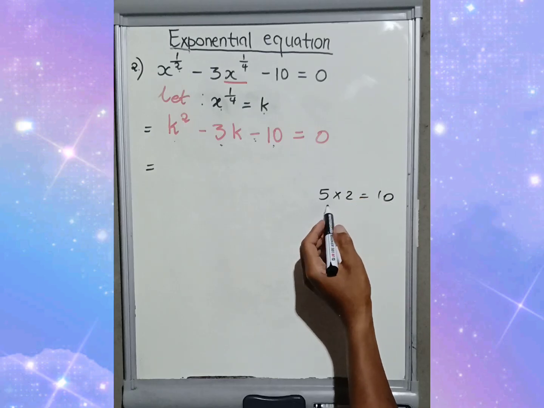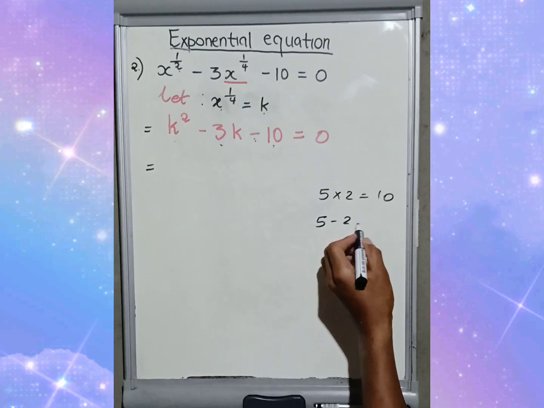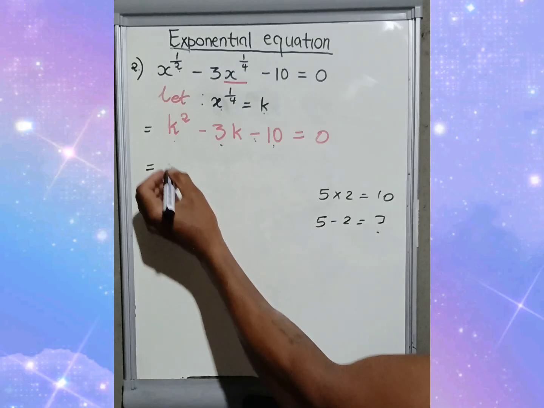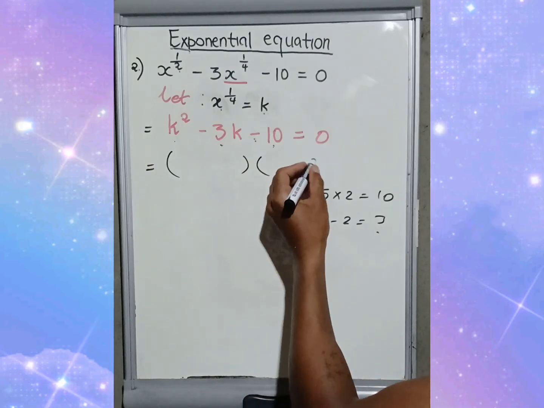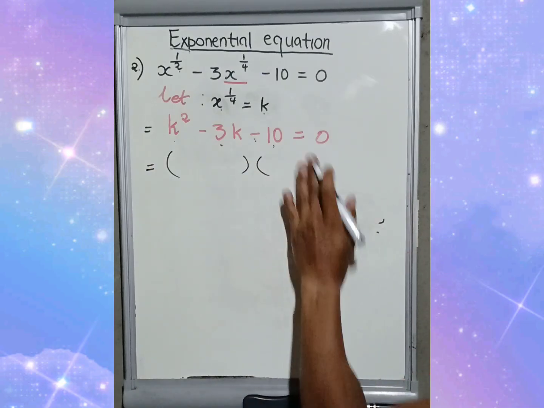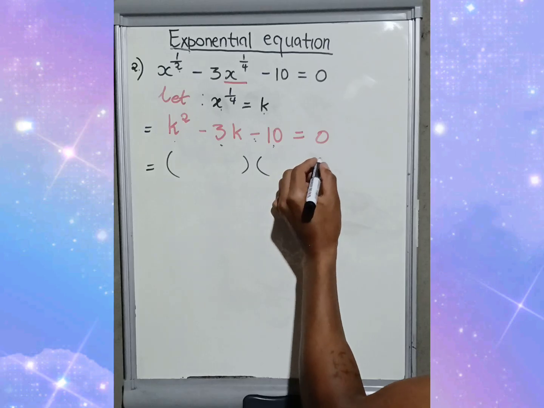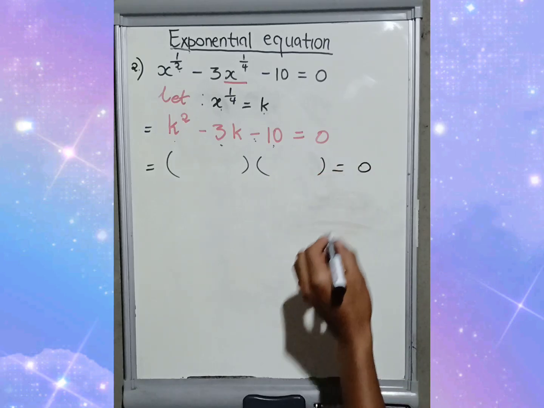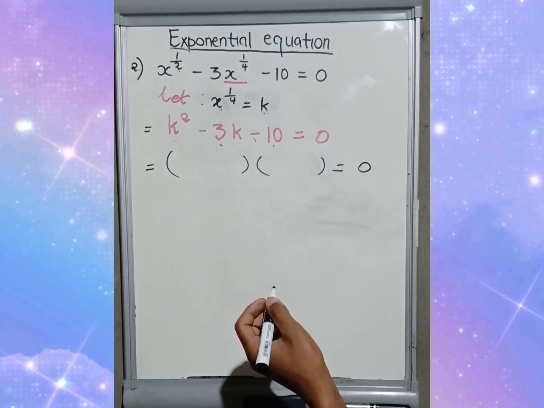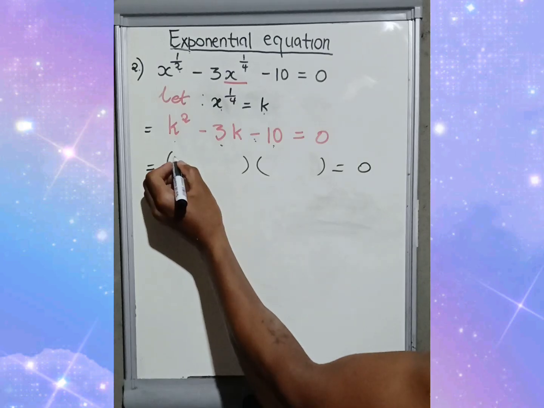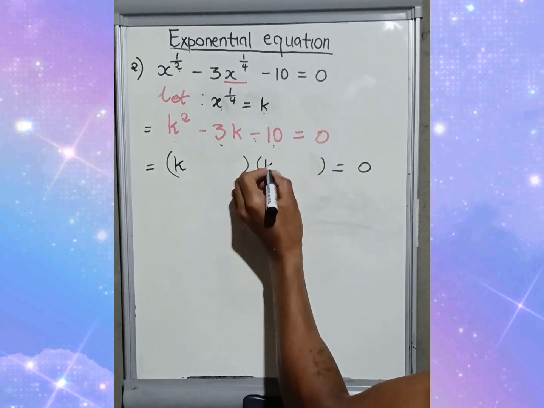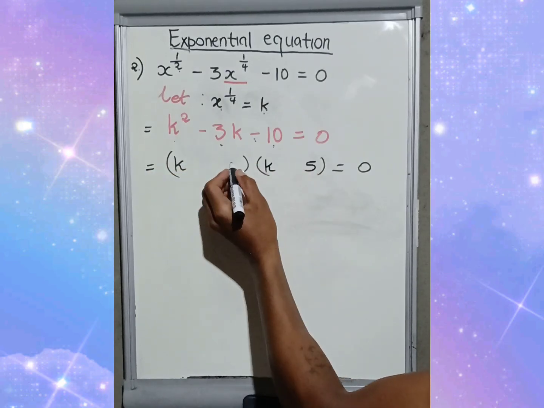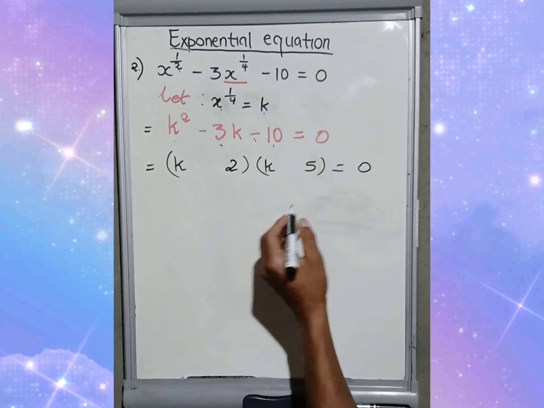Those factors are 5 times 2 equals 10. If I say 5 minus 2, I'm going to get 3. That means I'm going to open 2 brackets. It's very simple. But please use the quadratic formula if you don't know how to factorize. Then we have k, k, 5, 2.